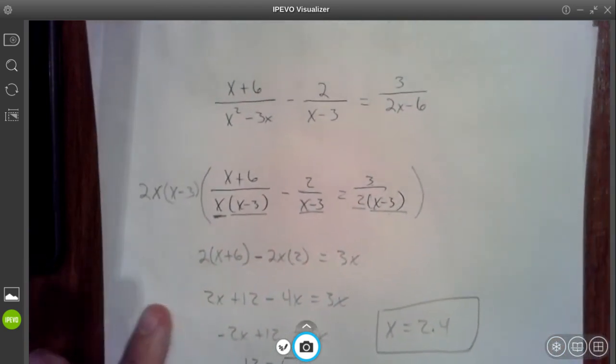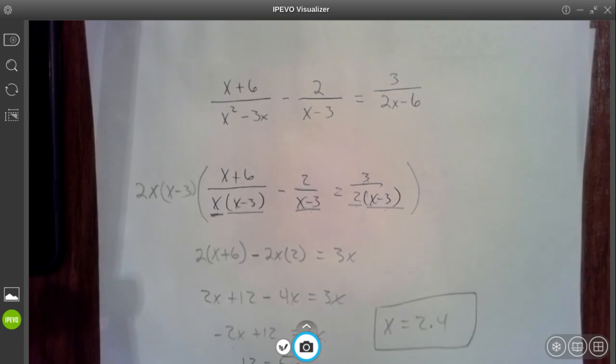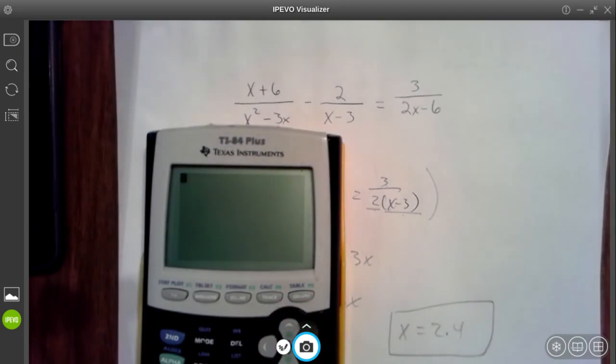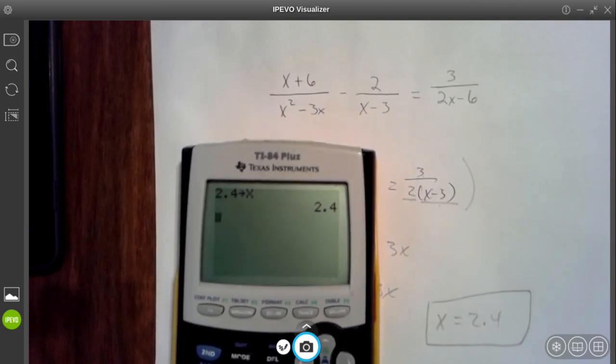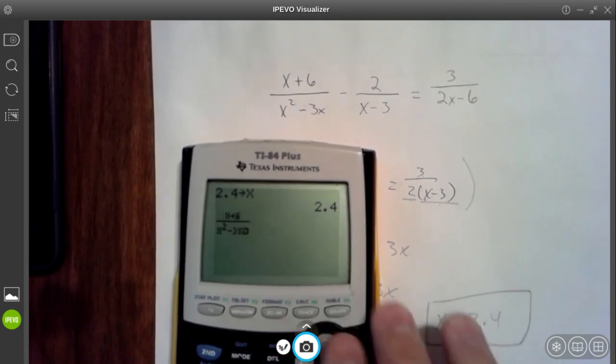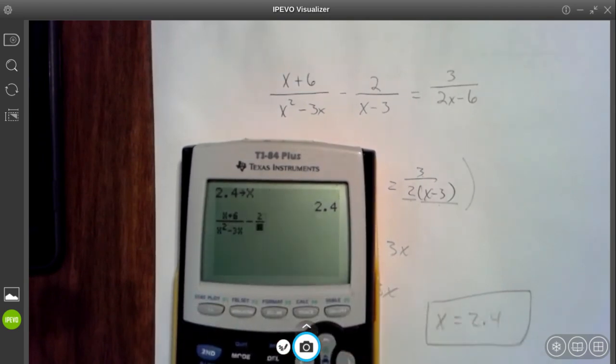Let me go ahead and actually plug this in so you can see how to check your answers. It's not crazy. Just store 2.4 to x, and then we'll type in the left-hand side: y equals x plus 6 over x squared minus 3x, minus 2 over x minus 3.